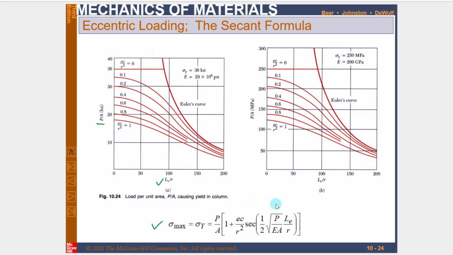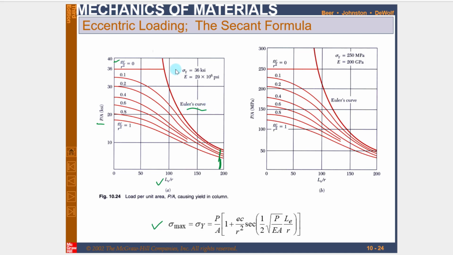So these graphs can be obtained by taking various value of EC over R square with an effective length in order to find P by A. So you can see that for larger slenderness ratio, with EC over R square, this behaves like Euler curve. Clear? So larger length behaves like Euler curve.